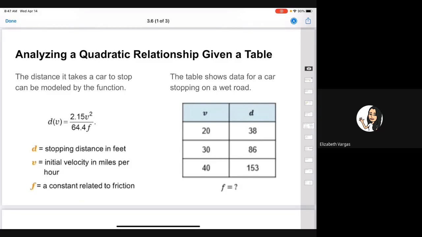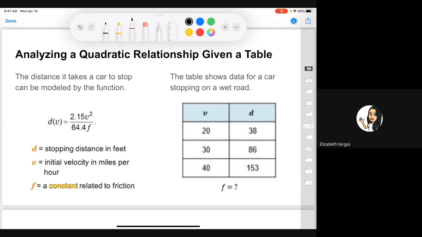And we have some information about the data, how our v's and d's are related. But what we'll notice is we're not actually given any information about our f. We're told here that f is our constant, but we're not told exactly what that f is. And so once again, we run into this issue where we're not given our constant, and we need to find our constant in order to write a quadratic equation for this table.